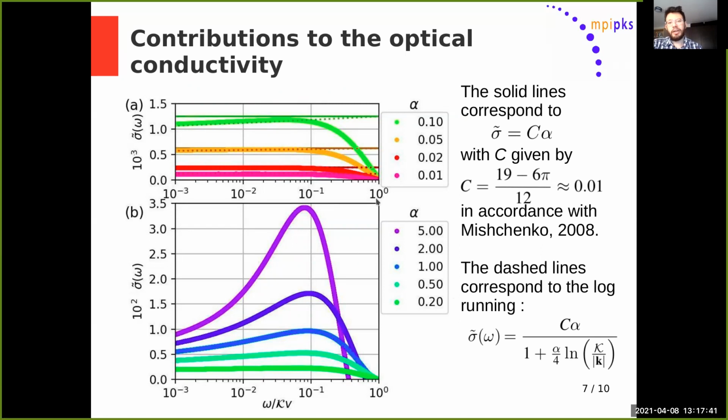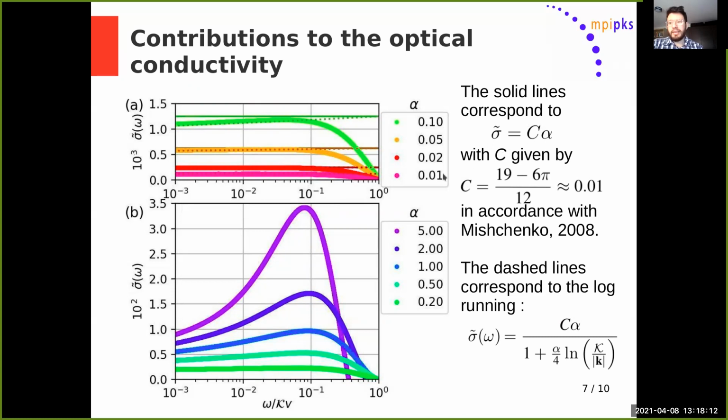And these are the numerical results that we obtained for the corrections to the optical conductivity depending on the frequency. What we find is that this white line is the numerical result, and the solid lines, constant in frequency, are the first order corrections proposed by bosonization et al.